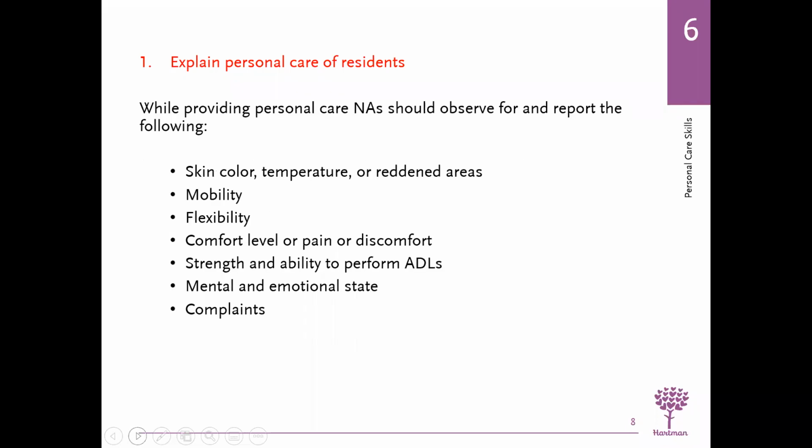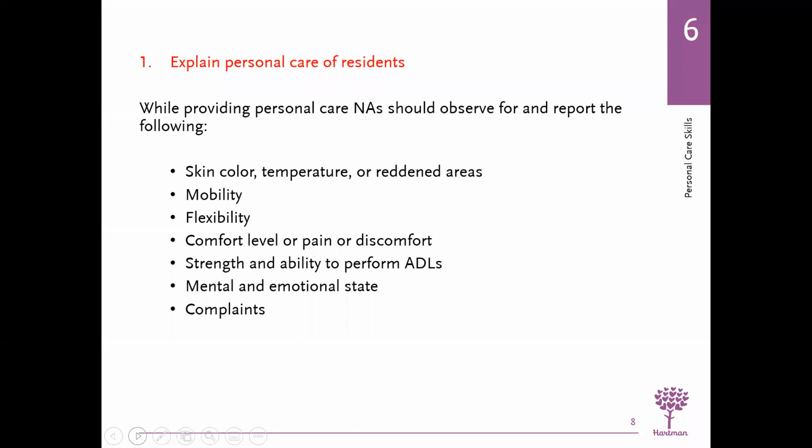So, when providing personal care, nursing assistants should observe for and report the following. If you remember in Chapter 1, we talked about that you are the eyes and the ears of the nursing team. You use your senses to detect things and to also report anything that is abnormal.